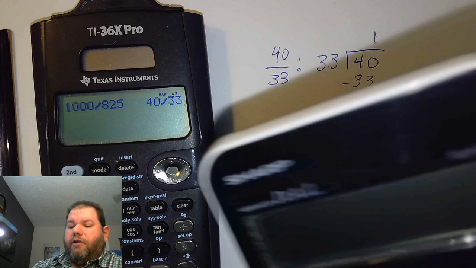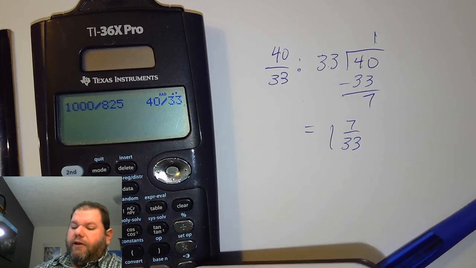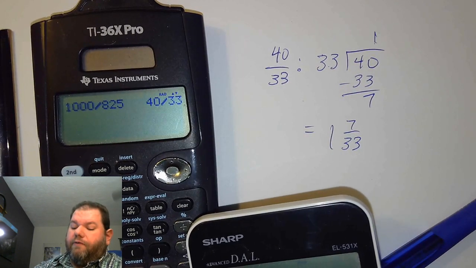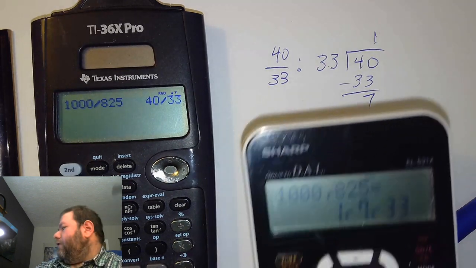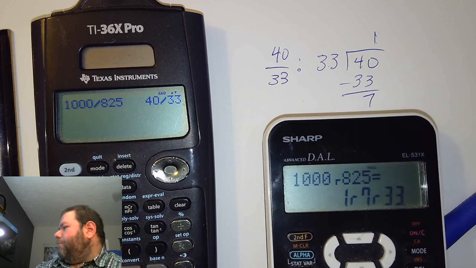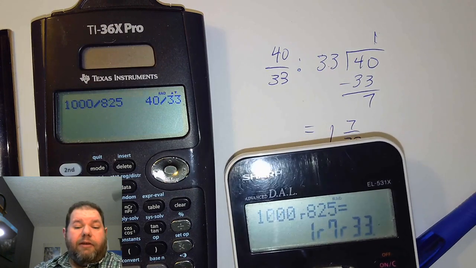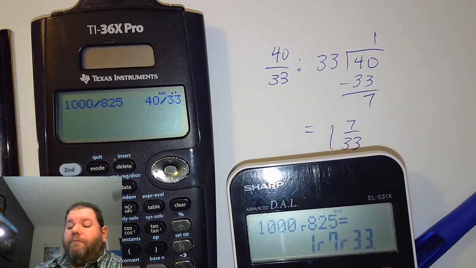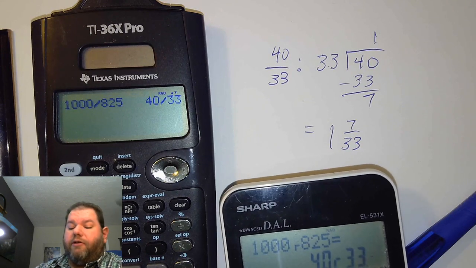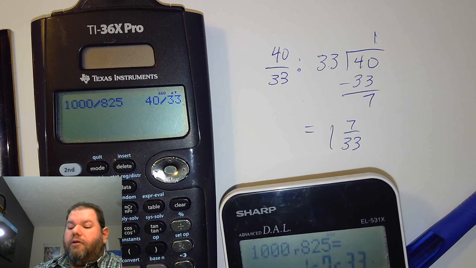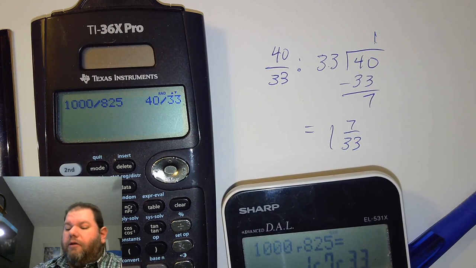My other calculator actually goes all the way and just takes the 1,000 over 825 and just makes it a mixed number. It skips the improper fraction step. But you can easily put it into an improper fraction on this calculator, going back and forth.